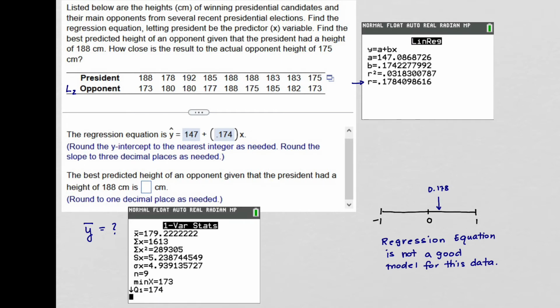So what I did, I already have my data in L2, so I did 1 var stats for L2. And the x bar, which is really y bar in this case, is 179.2. So that's going to be my best prediction because the equation is not going to give me a good prediction. So we go ahead and put that in for our best predicted height, and that is the correct value.